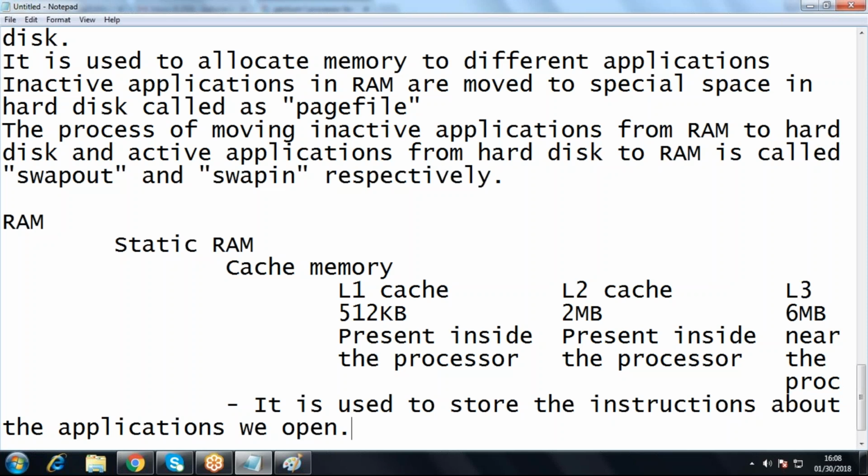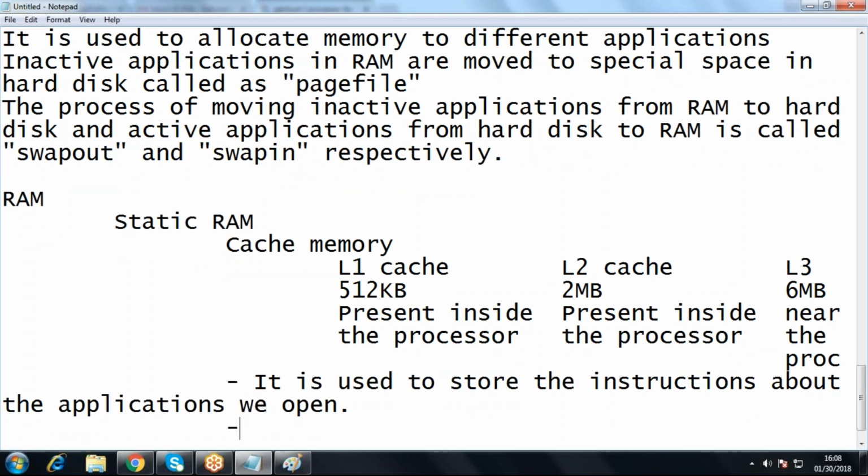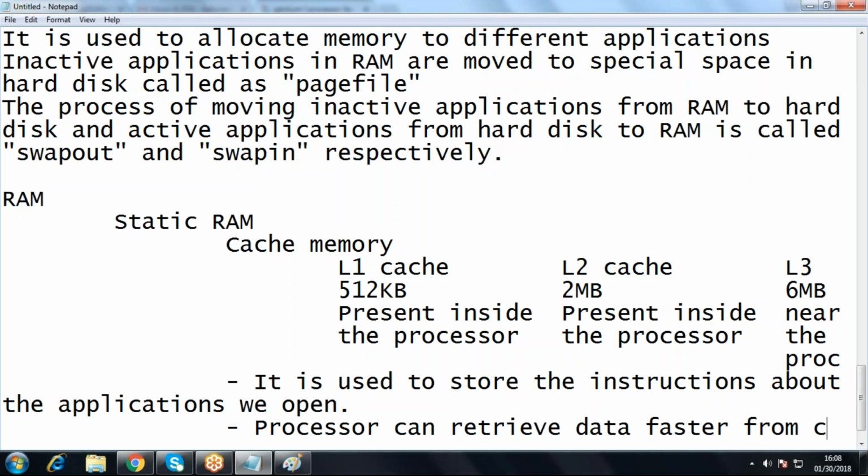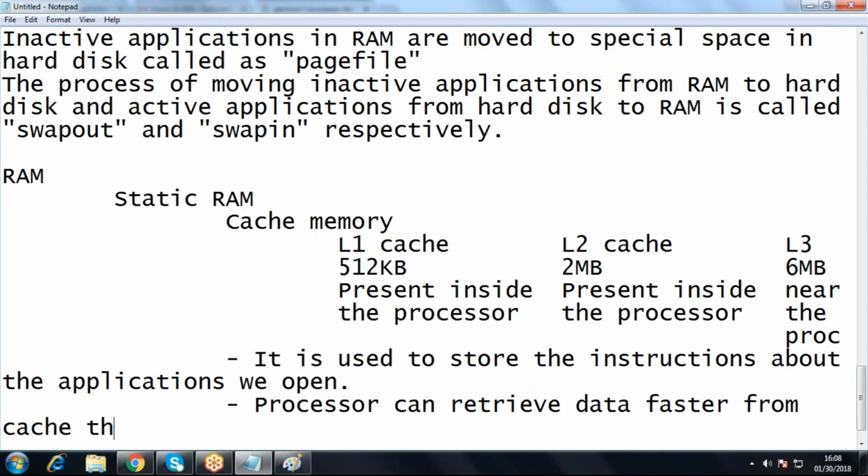Now, the processor can retrieve data faster from cache than from RAM.